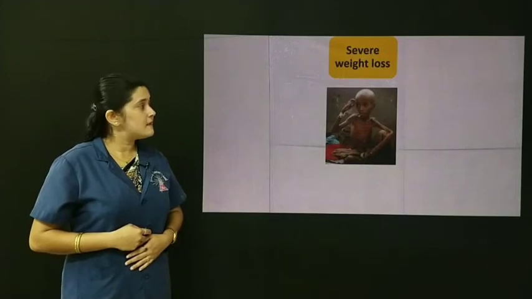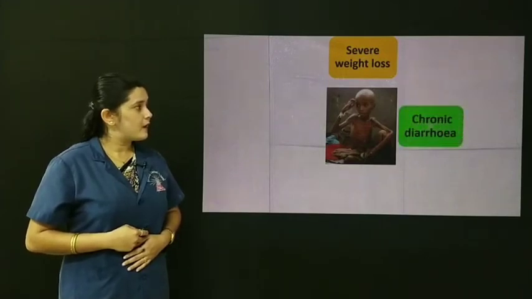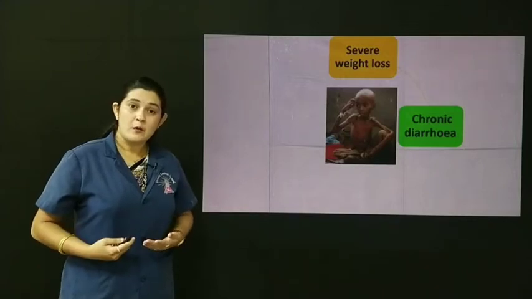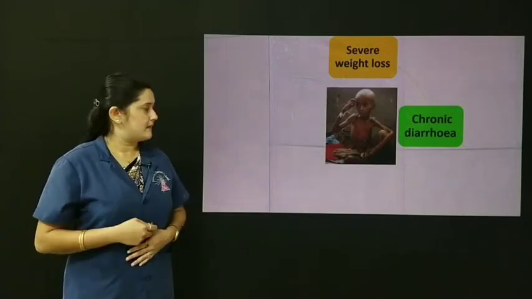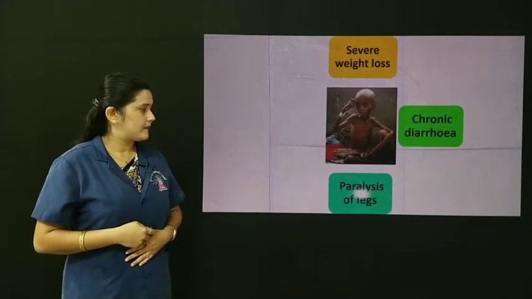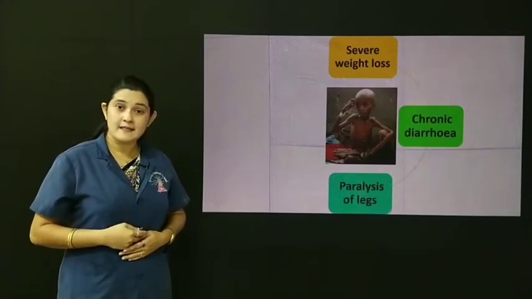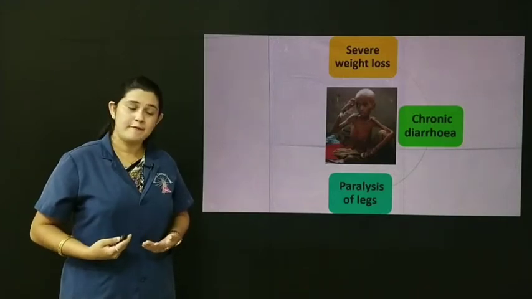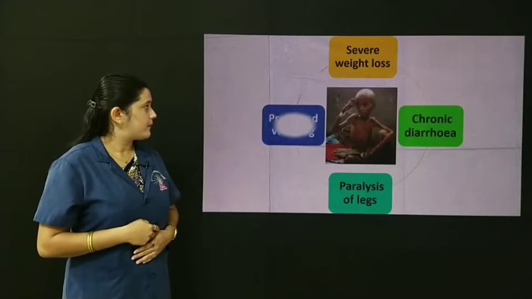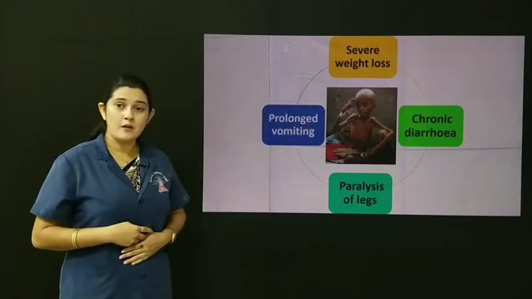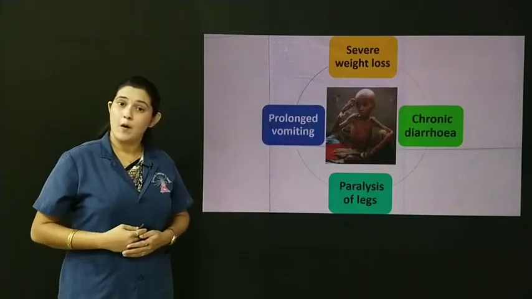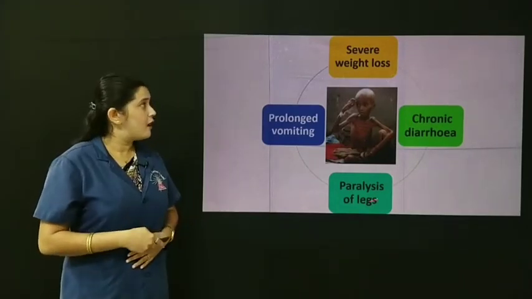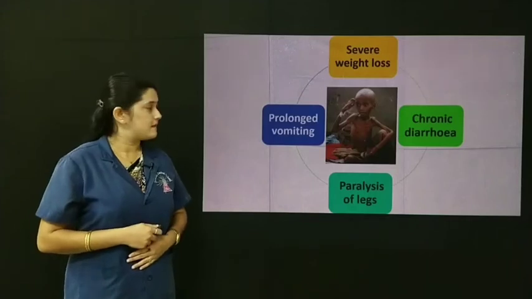Severe weight loss, chronic diarrhea, that is loose motion for a long period, paralysis of legs, that is there is no movement in the muscles of legs, and prolonged vomiting, that is vomiting for a long period. These are the symptoms of marasmus.